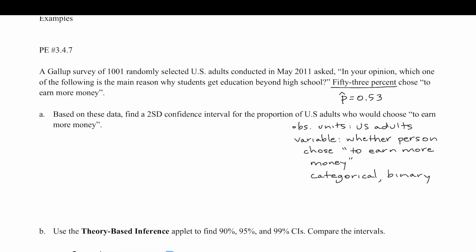Basically, say there were 5 different options of the main reason why students get an education beyond high school. Rather than saying which option having 5 choices, we're just going to turn it into whether they chose to earn more money or they chose something else, and in that way we create something that's binary.